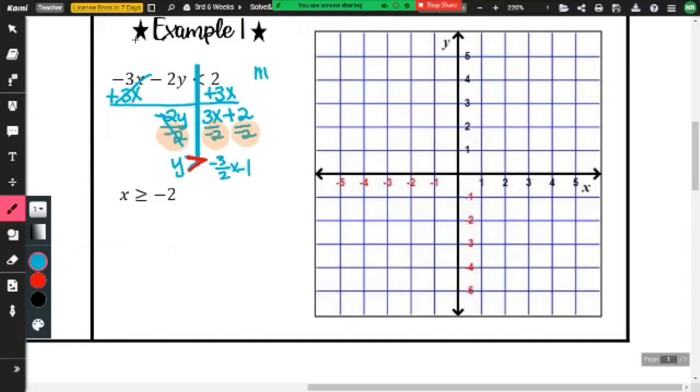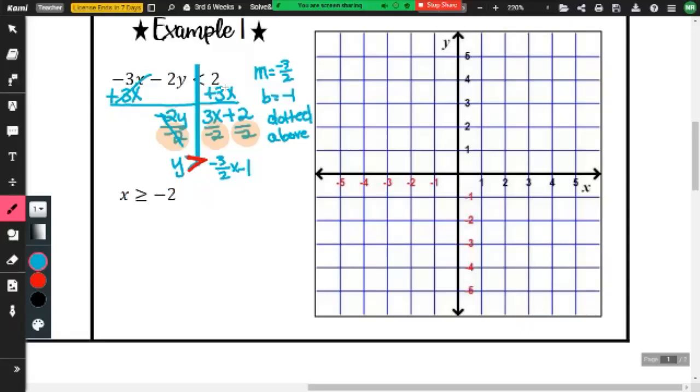So slope is negative 3 over 2, y-intercept, negative 1. The inequality is not underlined, so it will be dotted. And we are going to shade above. It's greater, greater means above.